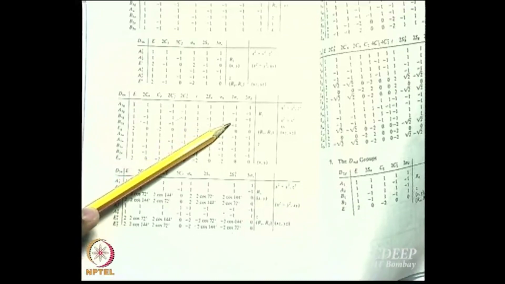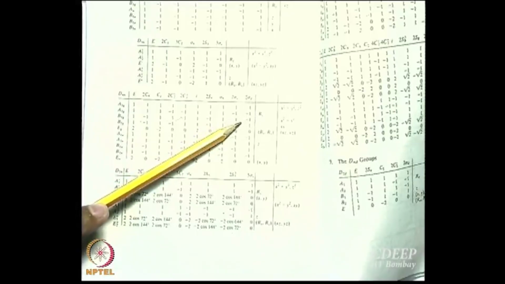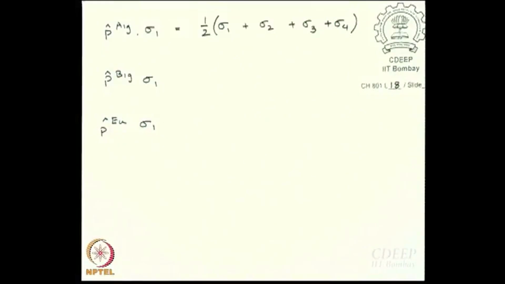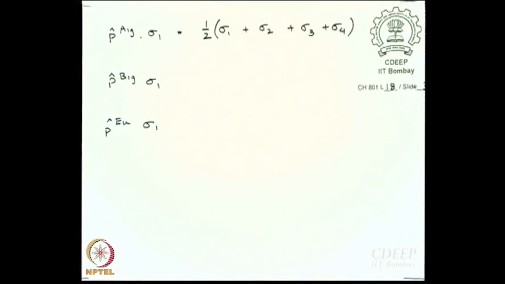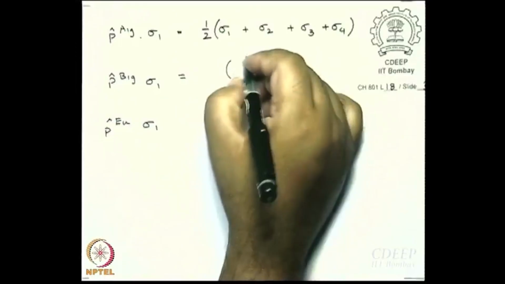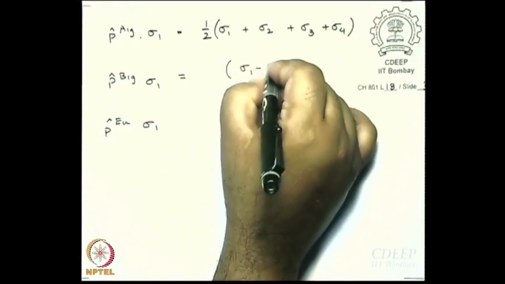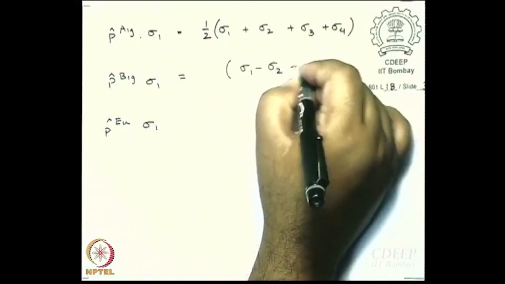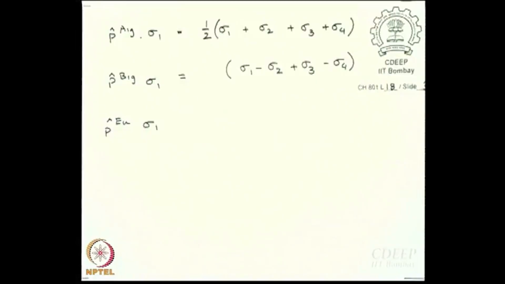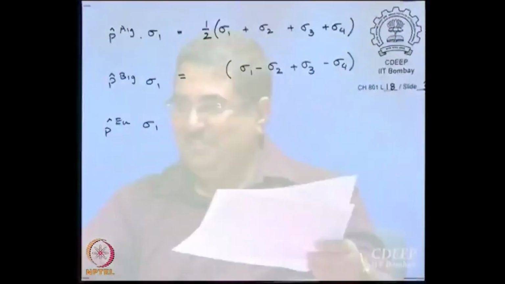Sigma V, and 2 sigma D, minus sigma 2 minus sigma 4. Add that all up, but now I don't have to. You can see what I get: sigma 1 minus sigma 2 plus sigma 3 minus sigma 4. And Mehak knows what the normalization constant is.